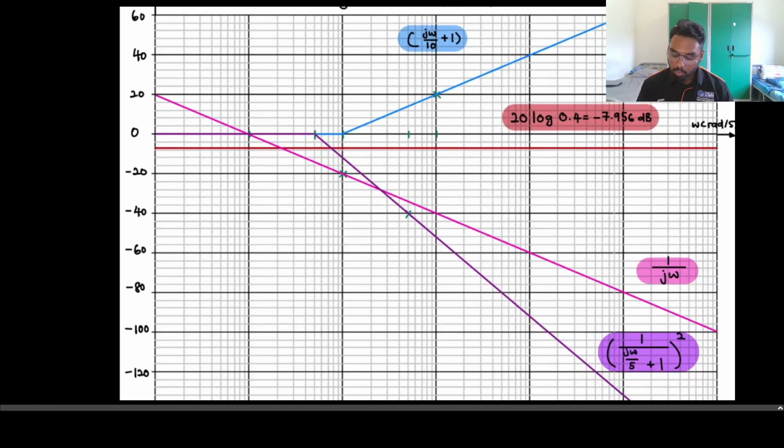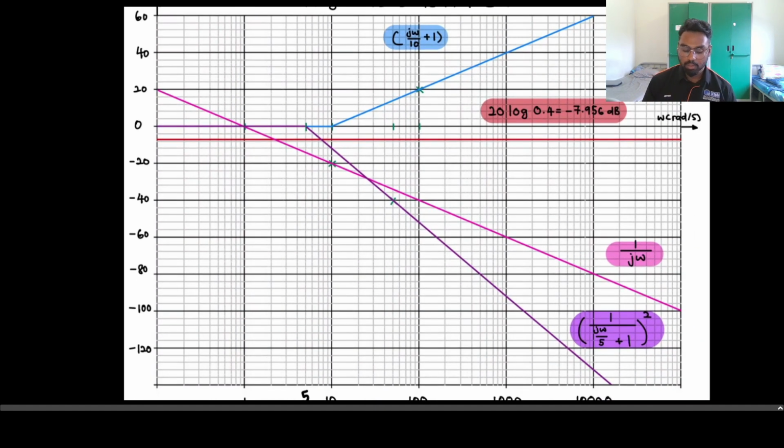Our 0 is 5, so the decade should be 50, because 5 times 10 is 50. So we will plot the next coordinate across 50 decade and across negative 40 decibel. Take these two coordinates and draw a straight line across it until it reaches the maximum.